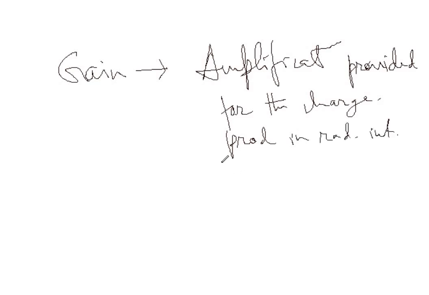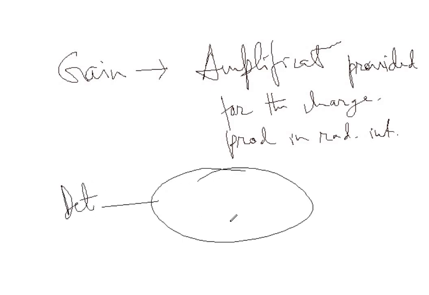This variation could be accomplished by varying the amplification factor of the linear amplifier circuit, which I will talk about later on, and which is present between the detector and the counting circuit. So we have the detector and many other circuits, and then we have the counting circuit.